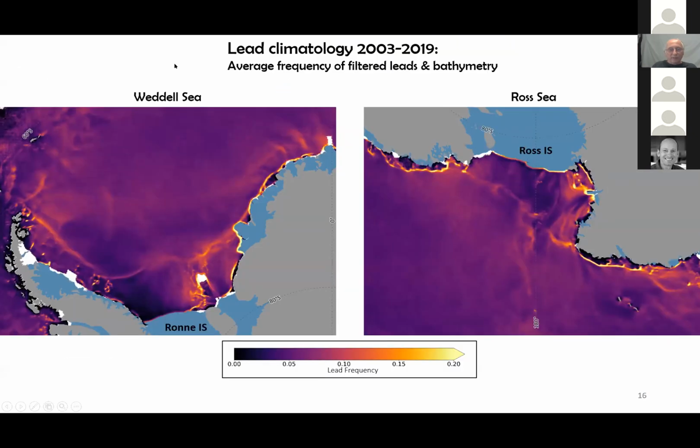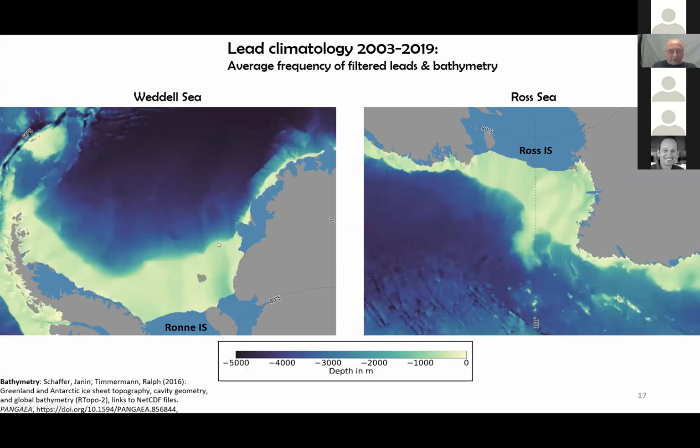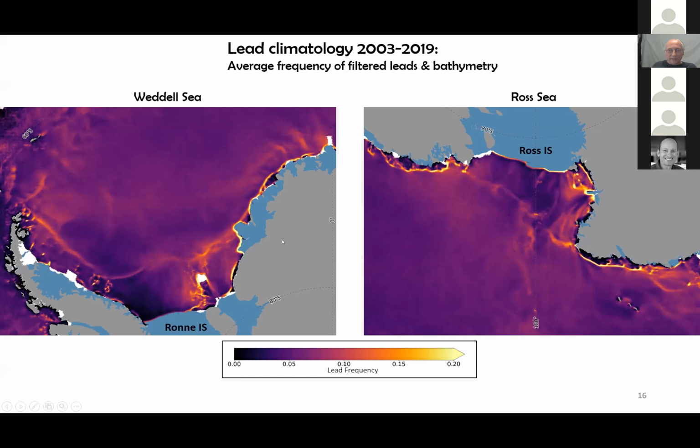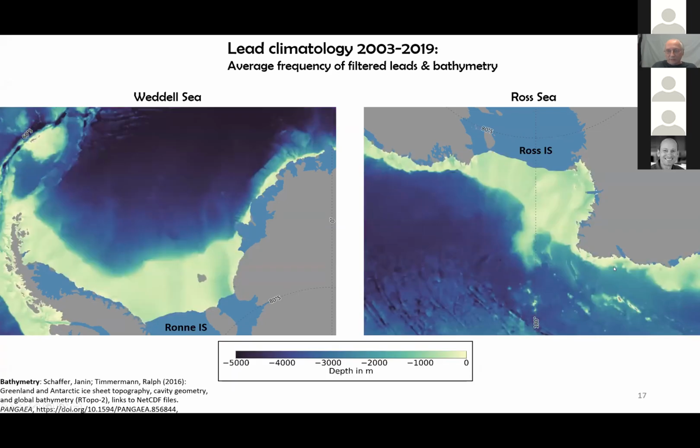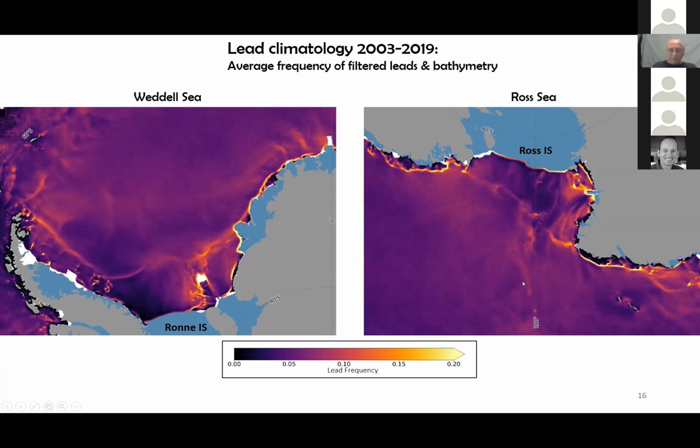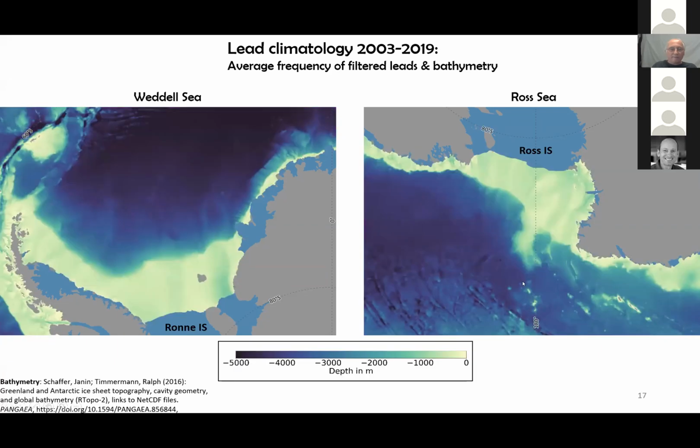To look in more detail at the Weddell Sea and Ross Sea area, you see this line here, and compared with the bathymetry, we see it's exactly the shelf break. And it's also in other regions, like here in the Ross Sea, where we see agreement.